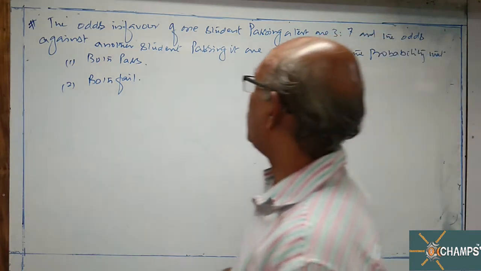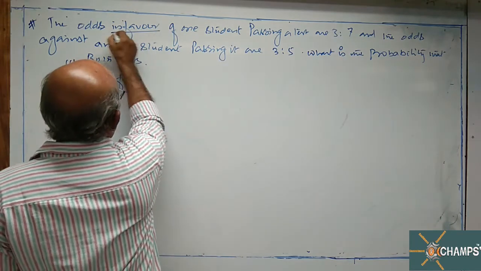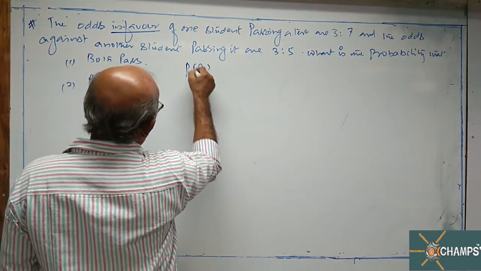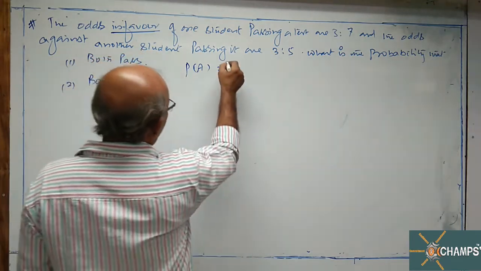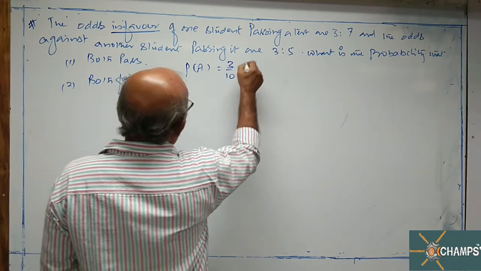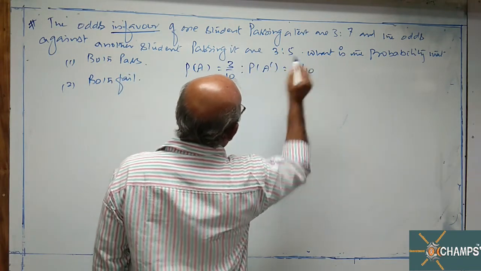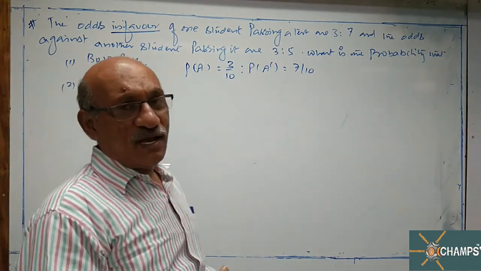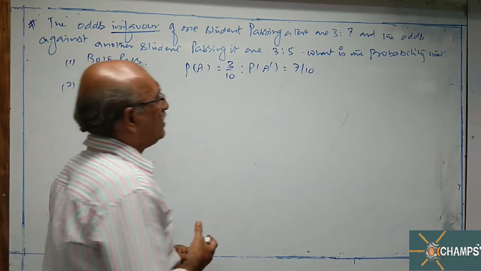Okay, sir, see the question. The odds in favor of one student passing the test. Let us say the first student is A. P of A to pass the exam is 3/10. P of A complement, not passing the exam, is 7/10.